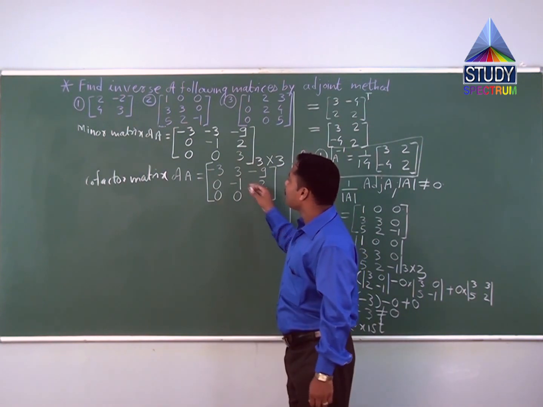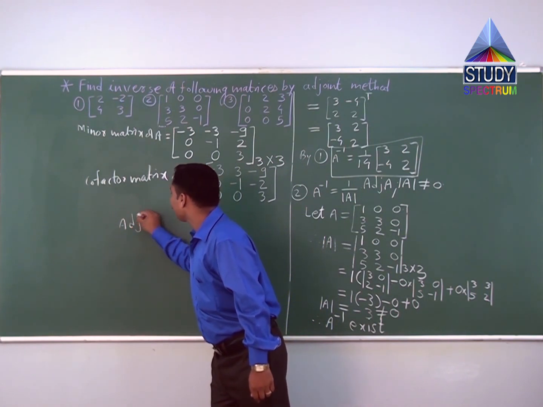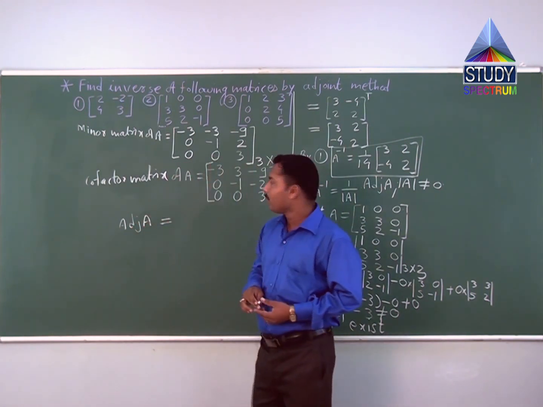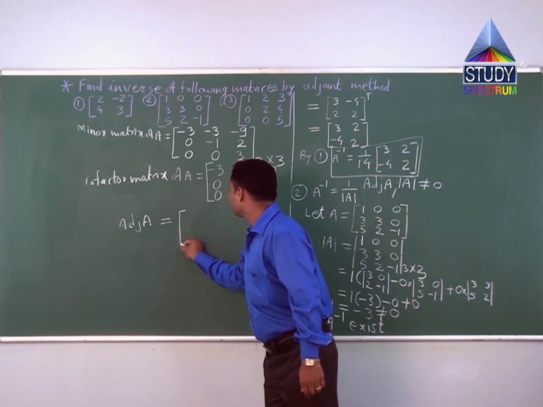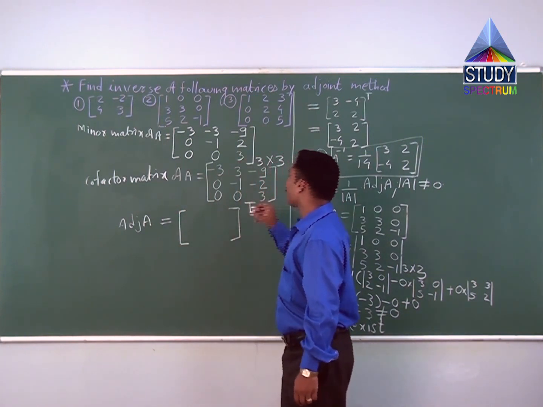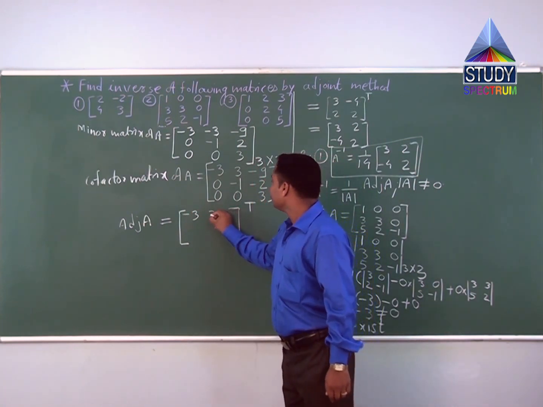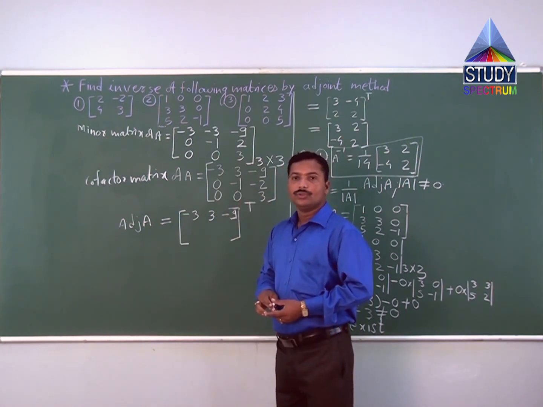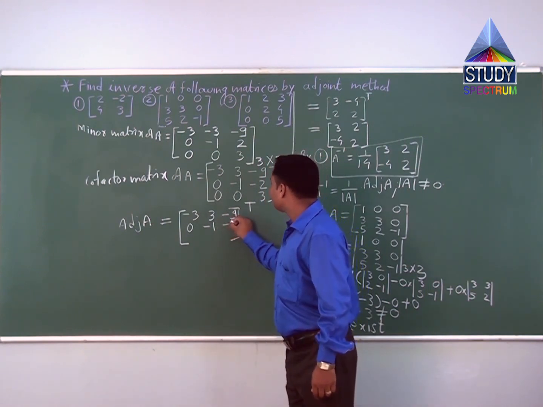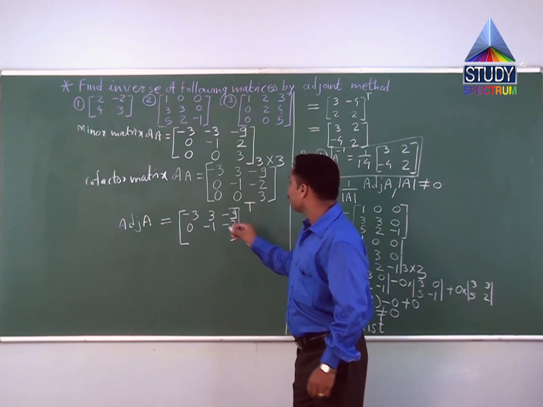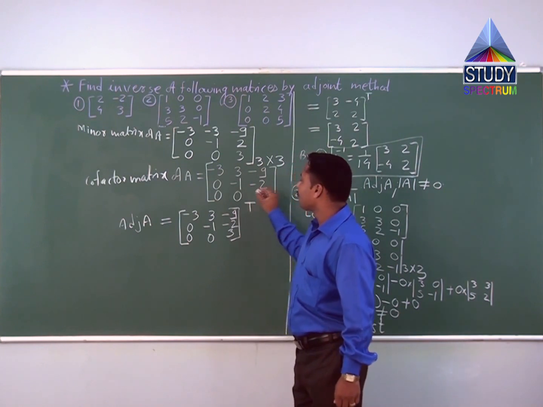After this cofactor matrix we find the adjoint of A. So what is the adjoint of A? Adjoint of A means the transpose of this cofactor matrix. Means: first row minus 3, 3, minus 9, second row 0, minus 1, minus 2, and the last row 0, 0, 3, and we take the transpose.